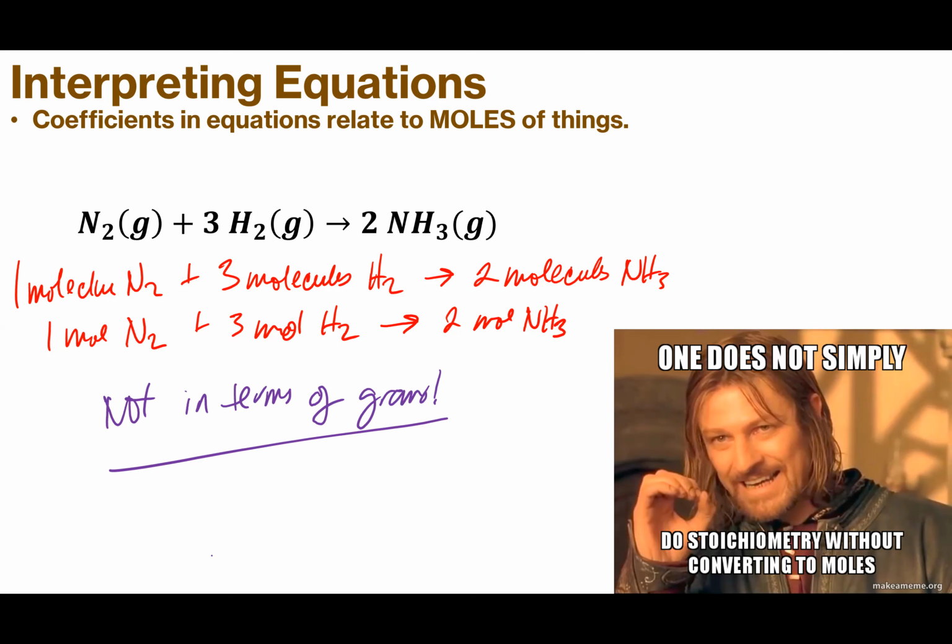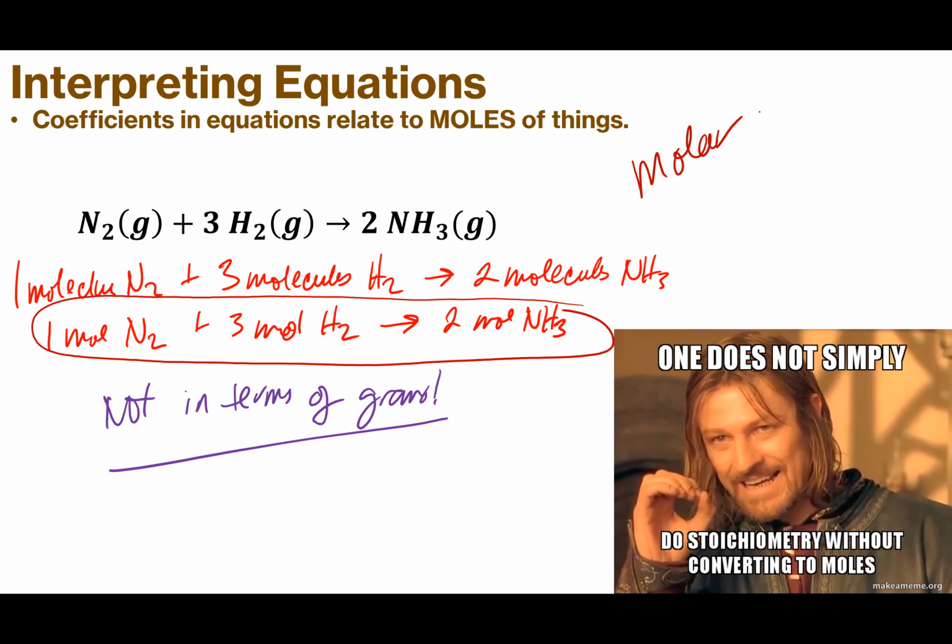So the best way we're going to be able to do this is to use what we call a molar interpretation. The molar interpretation just means that the coefficients are going to tell us how many moles of each thing are in this equation.